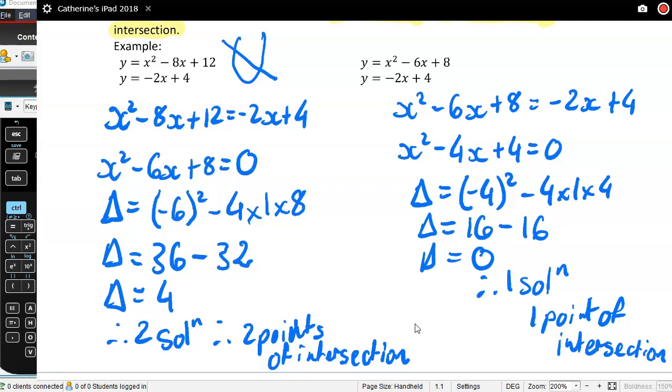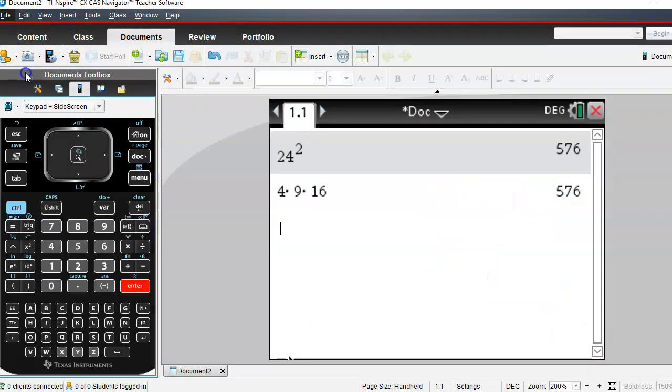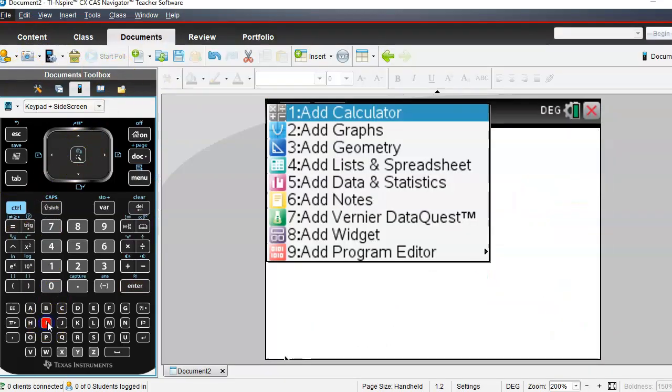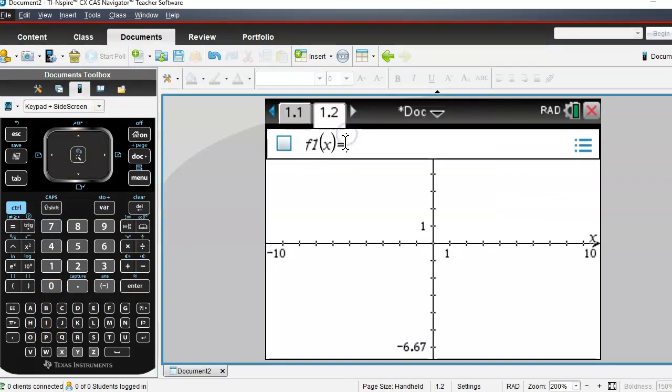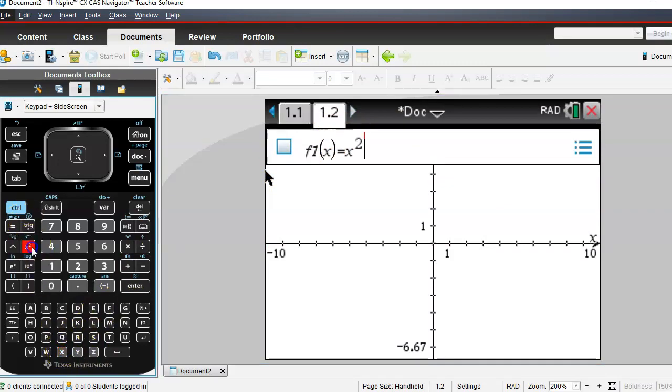Okay, now I might graph these so you can see them. So just on my CAS calculator, control insert, add graphs. So I'll put in that first one, so x squared minus 8x plus 12.